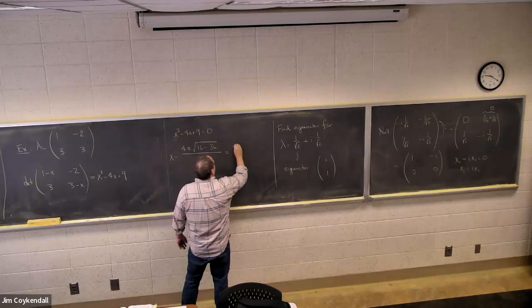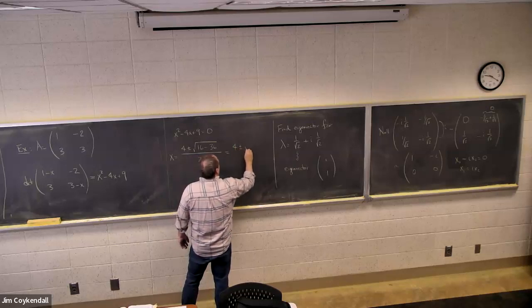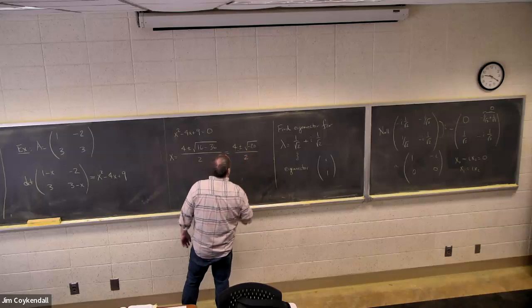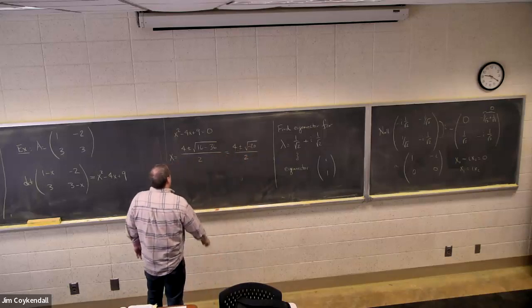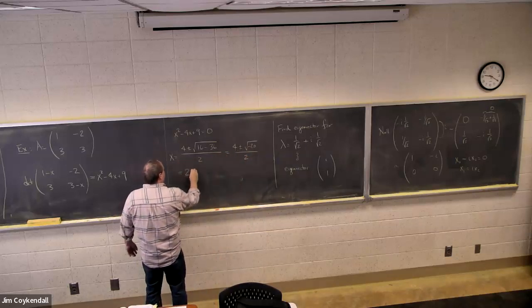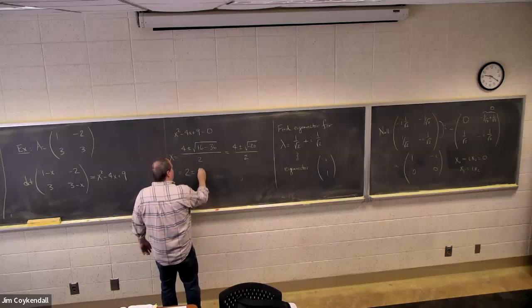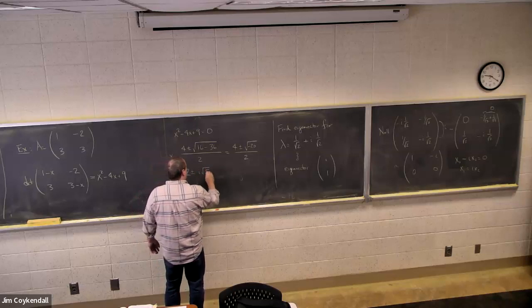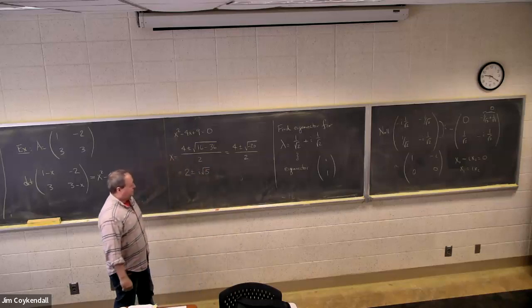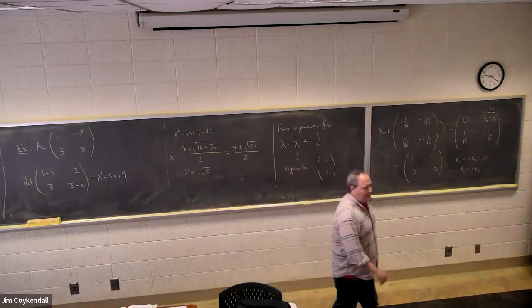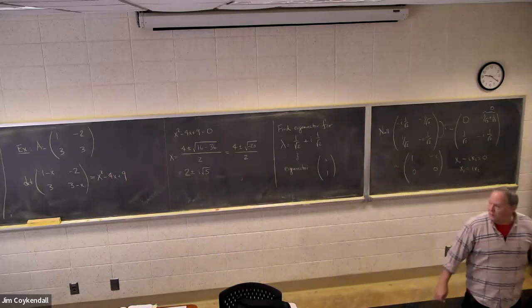And this is 4 plus or minus radical negative 20 over 2. And this turns out to be 2 plus or minus i radical 5. And once again, I get a pair of complex conjugate eigenvalues.